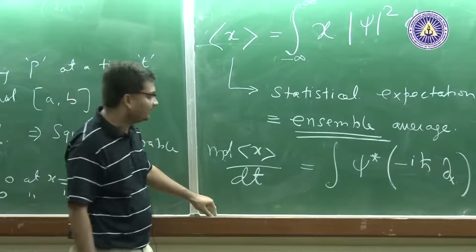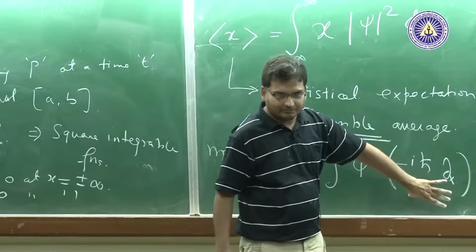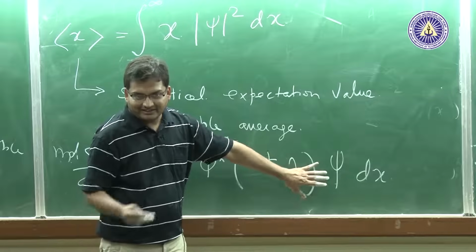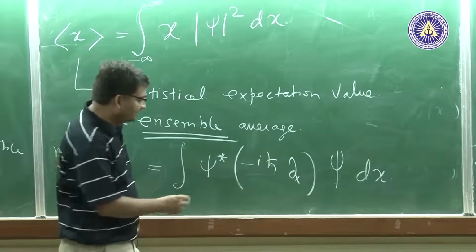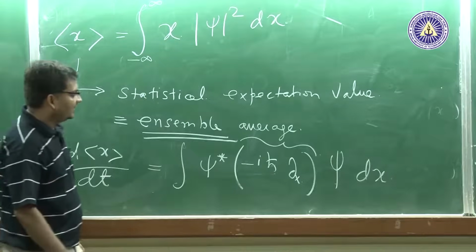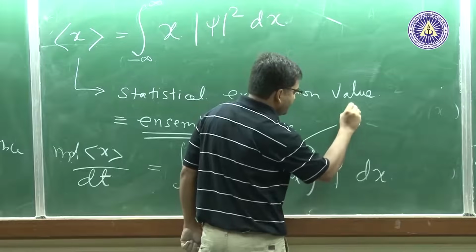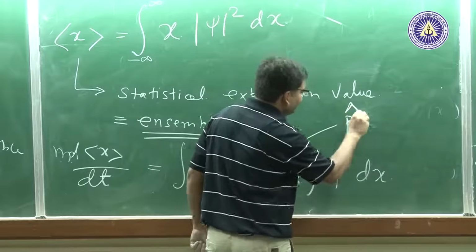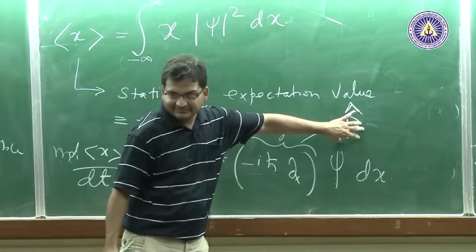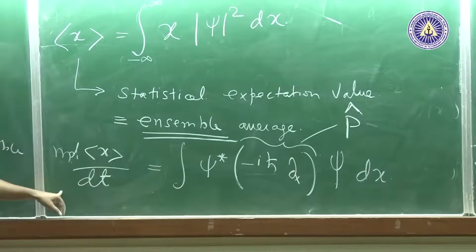And expectation value of momentum I would think of in terms of psi star, there should be some momentum here, and psi, and that would give me the expectation value of the momentum. Let me call this p hat, just because momentum doesn't have a definite meaning. Expectation value of the momentum has a meaning.